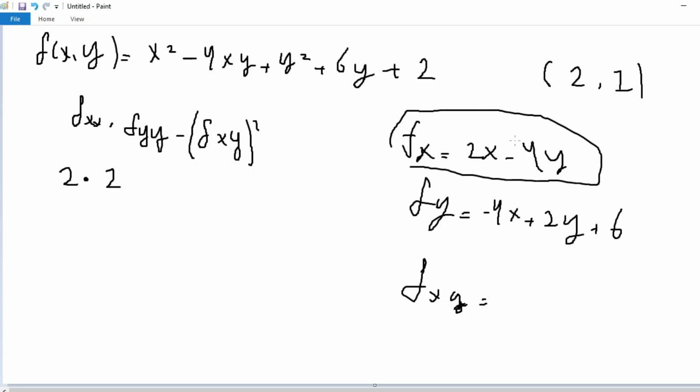So I'm going to take its derivative with respect to y. The derivative of 2x is going to be 0, and negative 4y, its partial derivative with respect to y, is only negative 4. So here it is going to be negative, negative 4, and then squared.